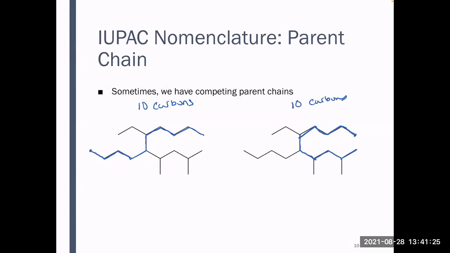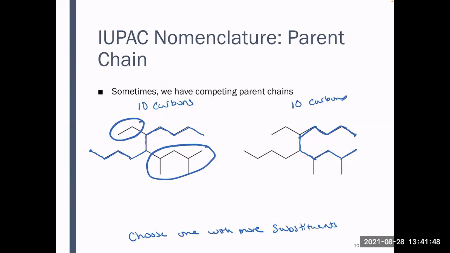So we have to pick one. And the rule is that you choose the one with more substituents. And substituents are these things coming off of the main parent chain. So here, these things here, these are counted as substituents.